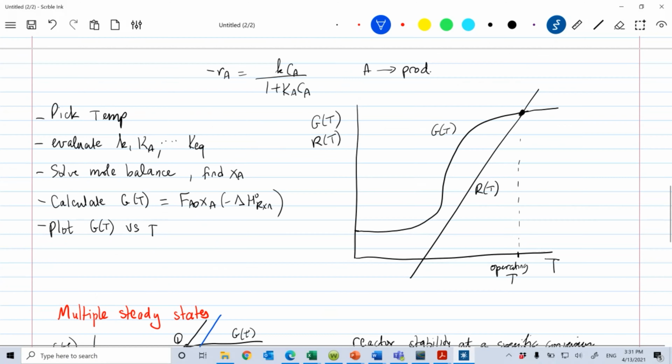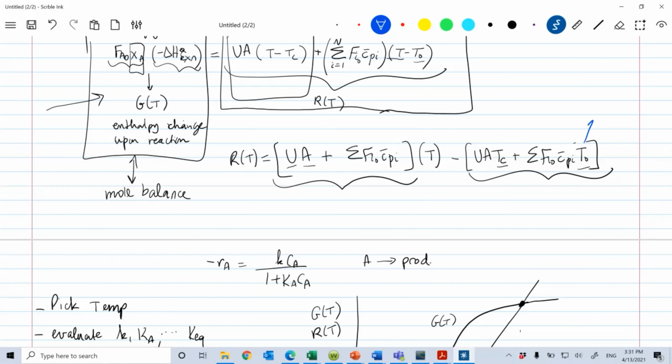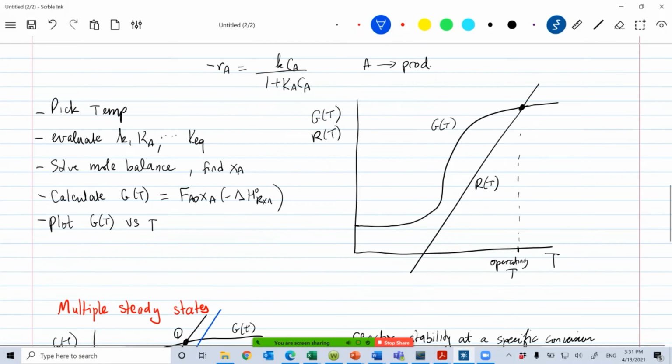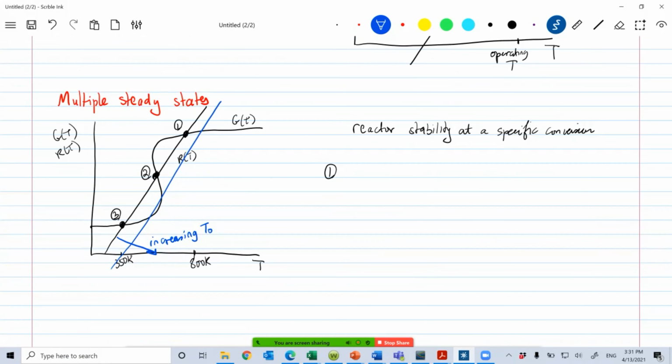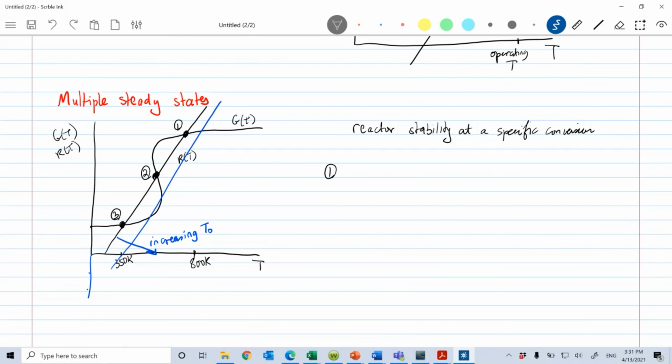If you look at that, if you increase T naught, this number becomes larger, more negative. So your line is basically going to move to the right as you increase T naught. So let's say you increase T naught a little bit. The question you're asking is, is point 1 stable? Is the reactor going to go back to point 1 if there's a fluctuation of the inlet temperature, for example?